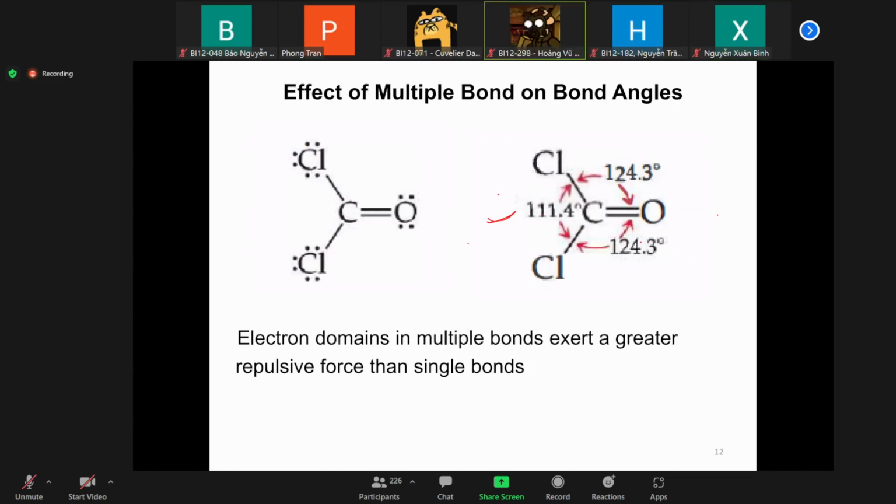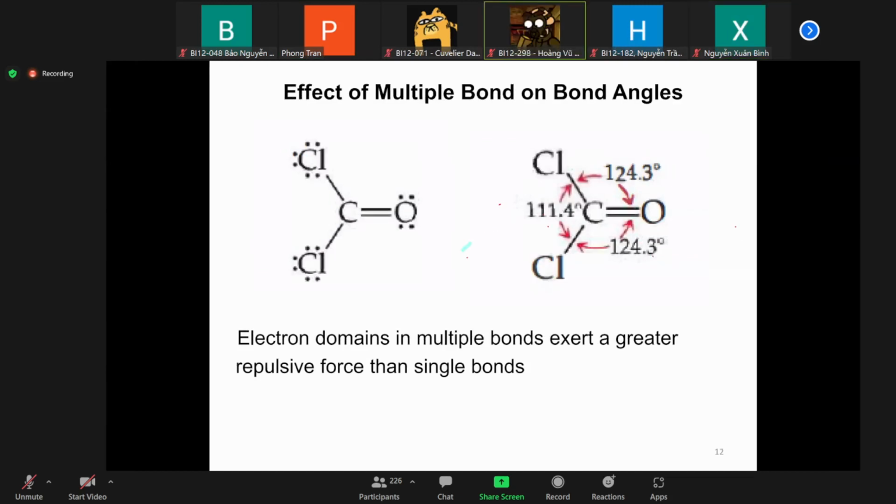Okay, now we discuss the effect of the multiple bond on the bond angle. So for example, in this molecule, you have a double bond here and a single bond here. So you can see that you have non-identical bonding, non-identical electron domains.